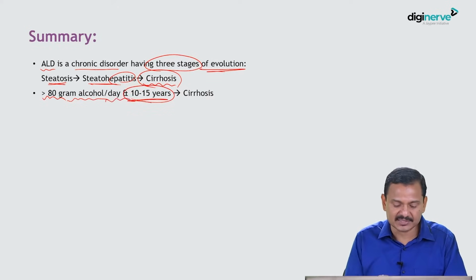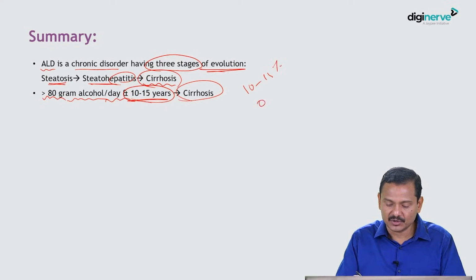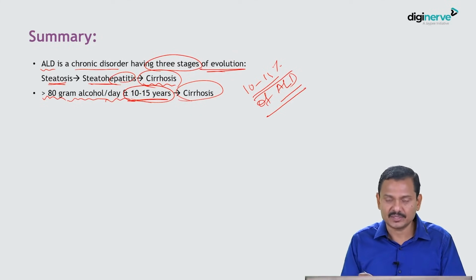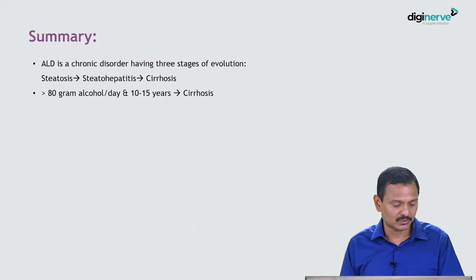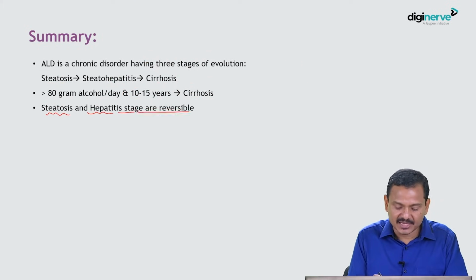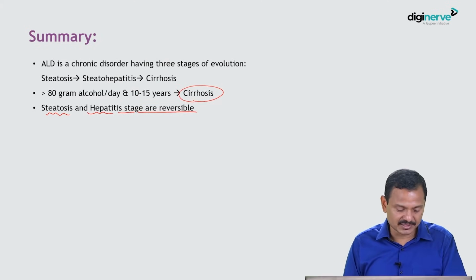If both exist together, there is a possibility of development of cirrhosis, and this happens in around 10 to 15% of alcoholic liver disease. So all patients with ALD will not go to cirrhosis, only 10 to 15% will. Third, steatosis and hepatitis stage are both reversible, whereas cirrhosis is irreversible.